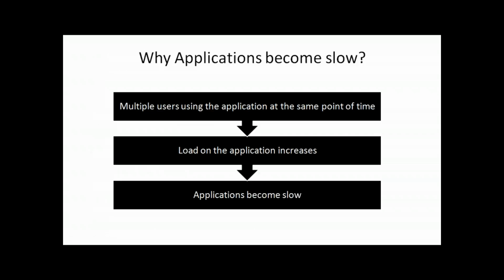To understand this statement better: multiple users using the application at the same point of time, the load on the application increases, application performance decreases, or the application becomes slow. To understand this better, let me take an example and explain it to you.